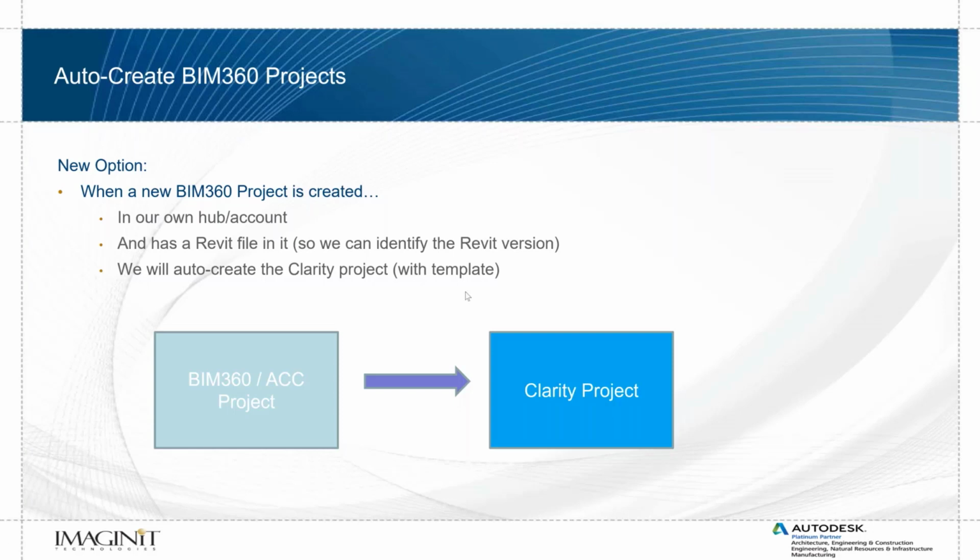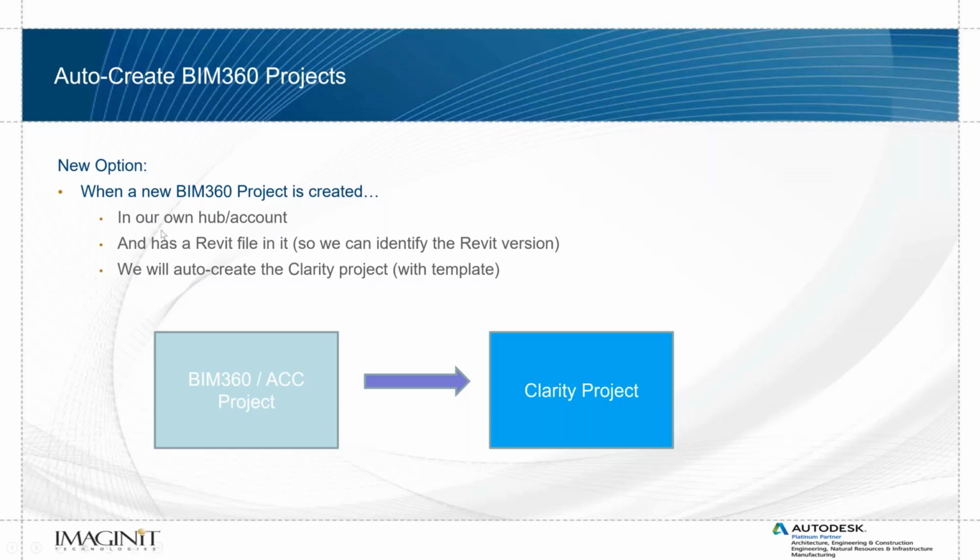We did make it so that it is only for your own hub or account in BIM 360. It turns out we do have to wait until you have a Revit file in the BIM 360 project, because that's how we can figure out the proper Revit version for that Clarity project.